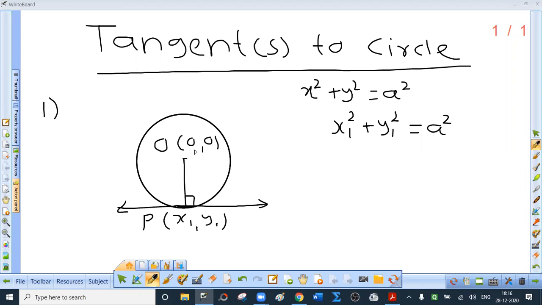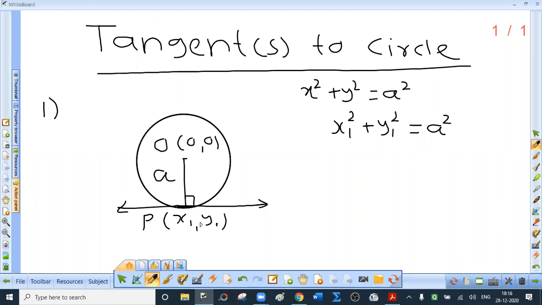Okay. Now, what about the circle x square plus y square equal to a square? Its center is at the origin. And what is the radius? Radius is nothing but a. Now, tangent is drawn at which point? (x1, y1). We are interested in the equation of this tangent. To get the equation of a line, we must know two things: one point on the line, yes, it is known, and the slope of the line.